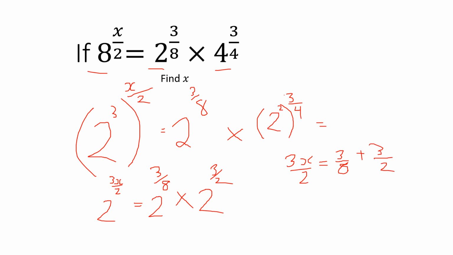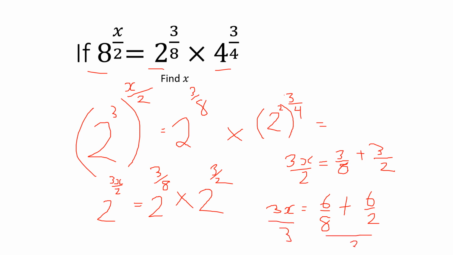Solving this, multiplying everything by 2, I get 3x equal to 6/8 plus 6 halves. Now I'm going to divide everything by 3 on both sides to get x by itself.